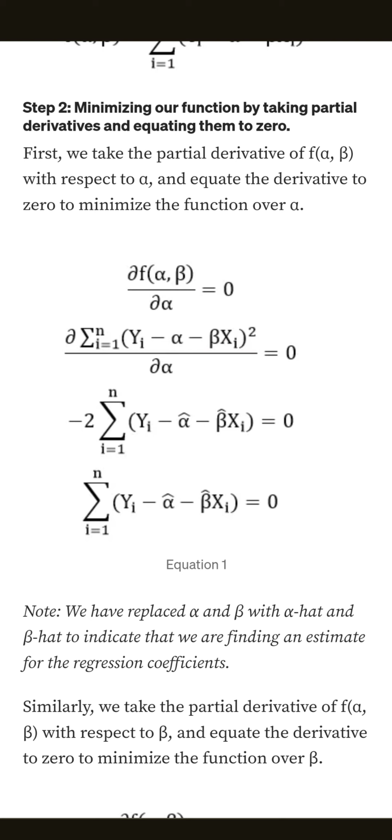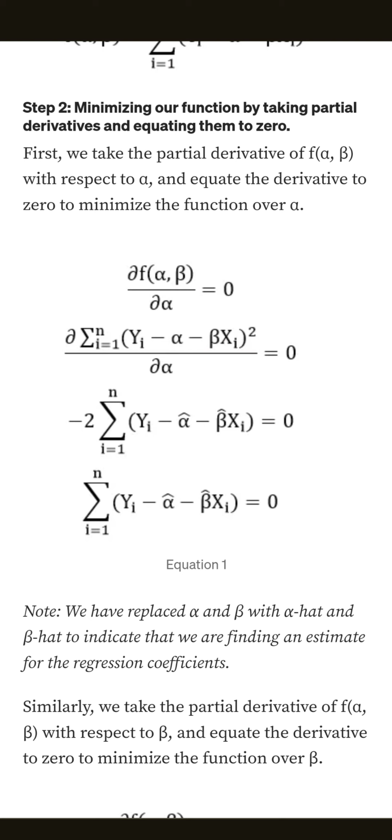So the negative 2 comes out. Well, the 2 is from the squared when you take the derivative. So you have negative 2 sigma, which is the sum from i equals 1 to n of open parentheses big Y sub i minus alpha hat minus beta hat big X sub i, and that equals 0.